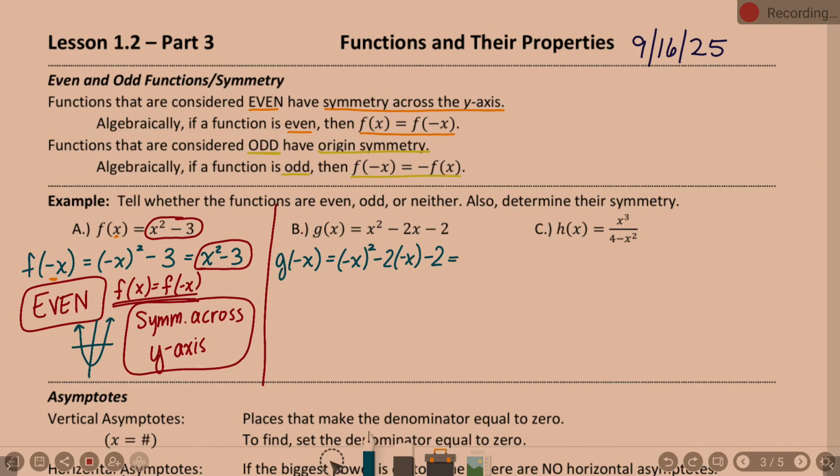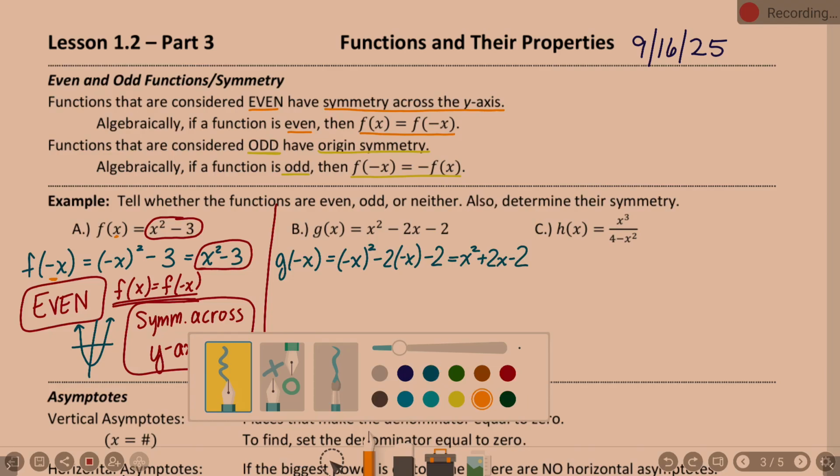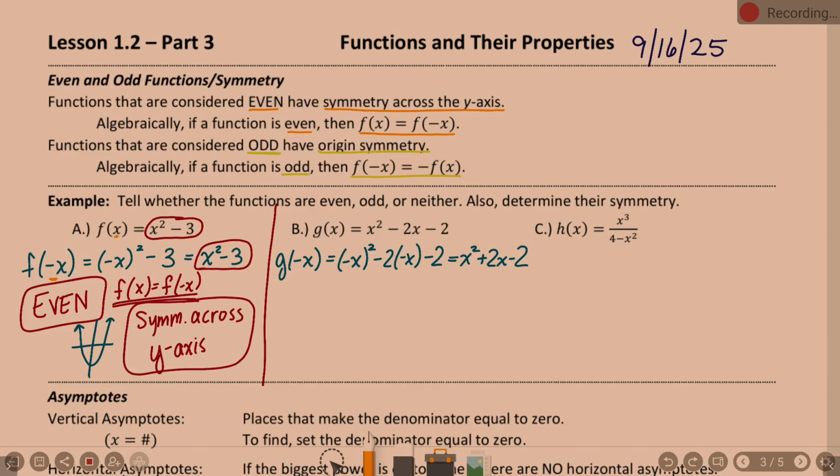Okay? Negative x raised to the second becomes positive x squared. Negative 2 times negative x becomes positive 2x. And then we still have minus 2. What do I know at this exact moment?